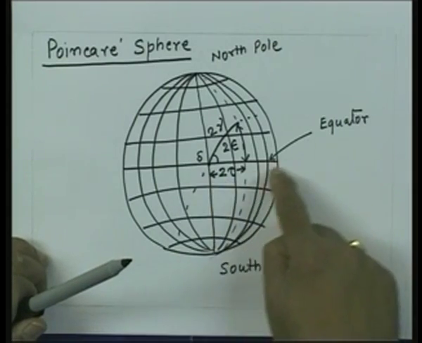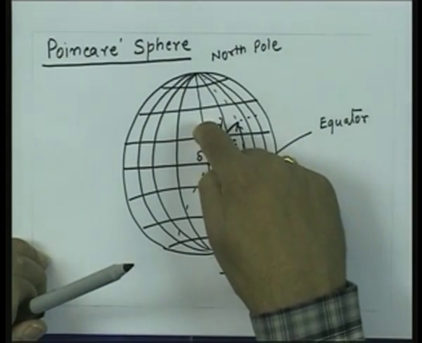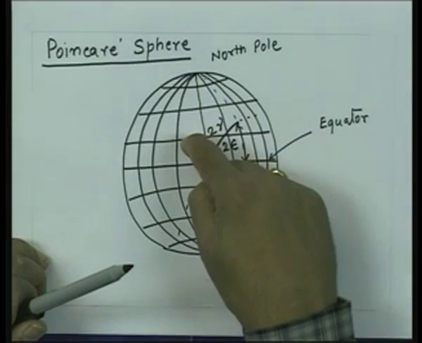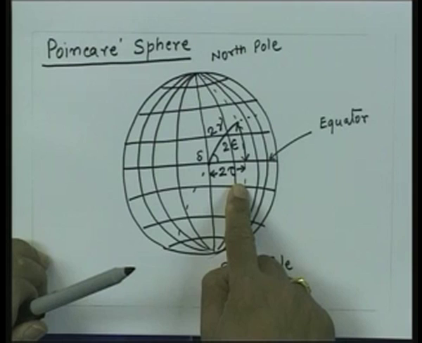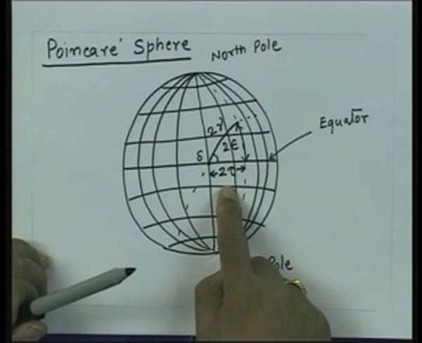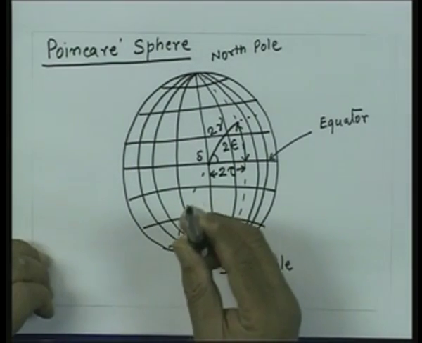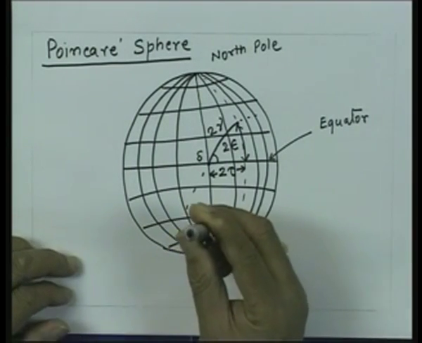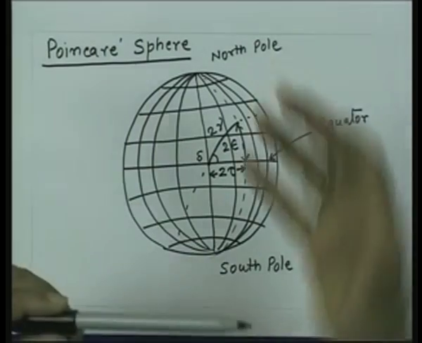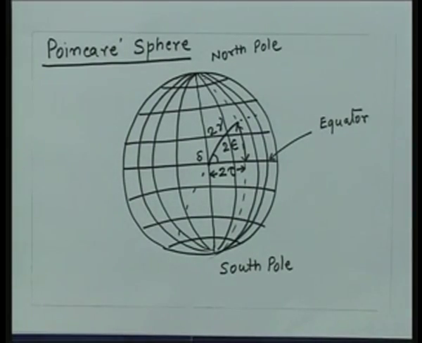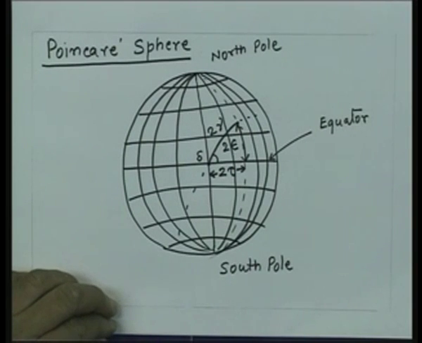When I go all the way around to the back side of the sphere, 2 tau becomes 180 degrees. So, tau will be equal to 90 degrees. That is, the tilt angle will become 90 degrees, or the line will become vertical. So, if I start on this globe from the reference point, the line was horizontal.